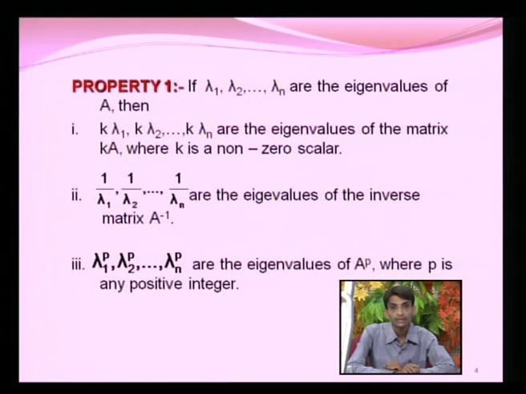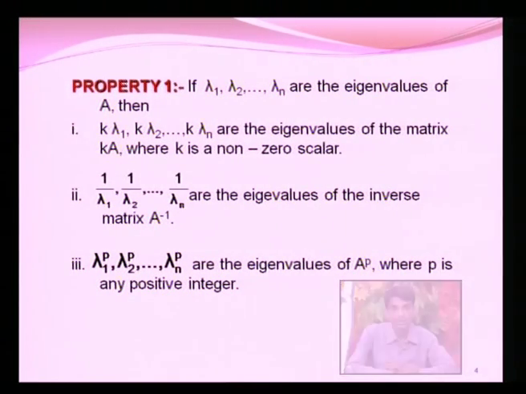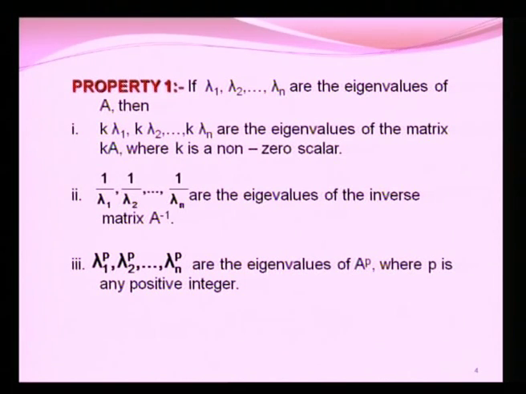The next property is also important: if lambda 1, lambda 2 up to lambda n are the eigenvalues of A, then lambda 1 raised to p, lambda 2 raised to p up to lambda n raised to p are the eigenvalues of A raised to p.